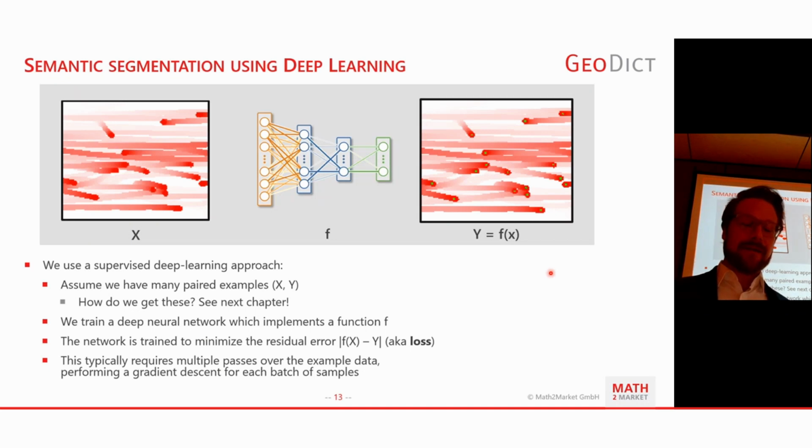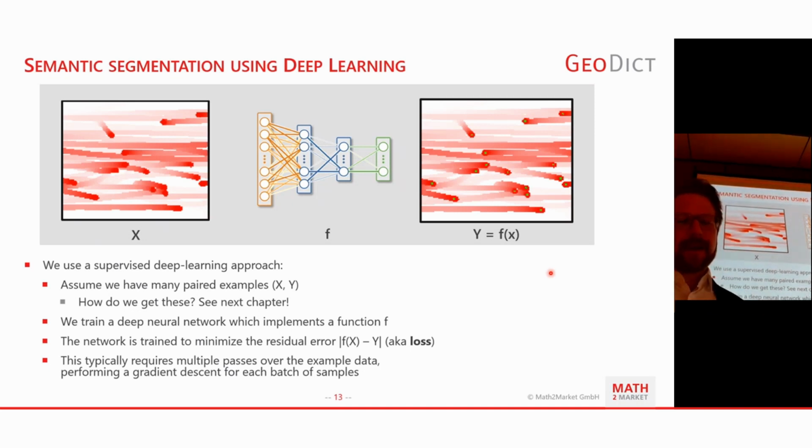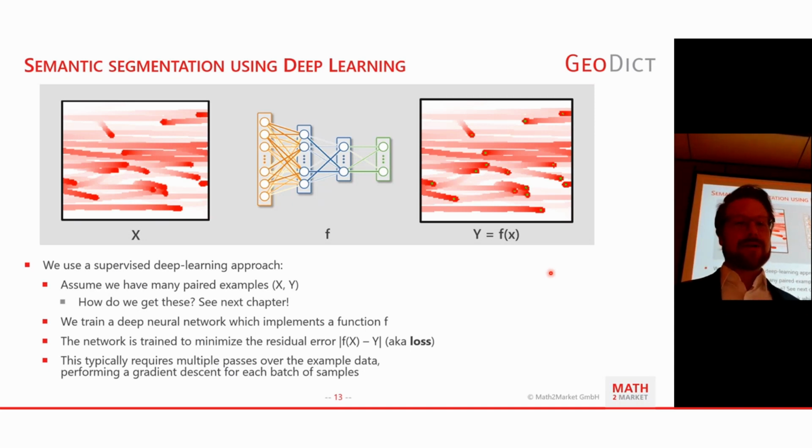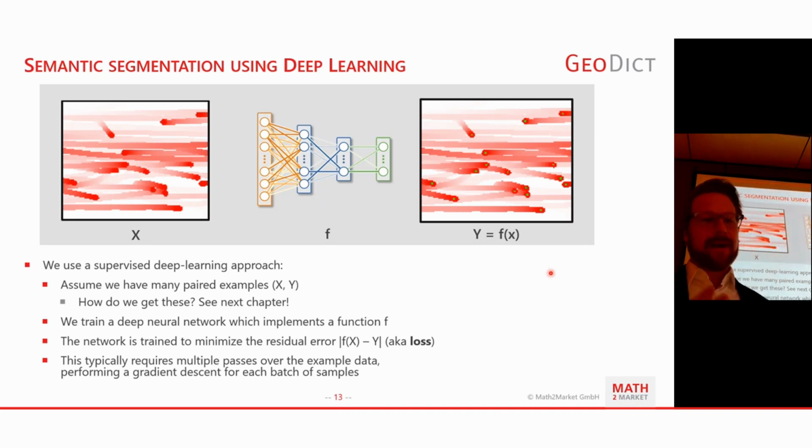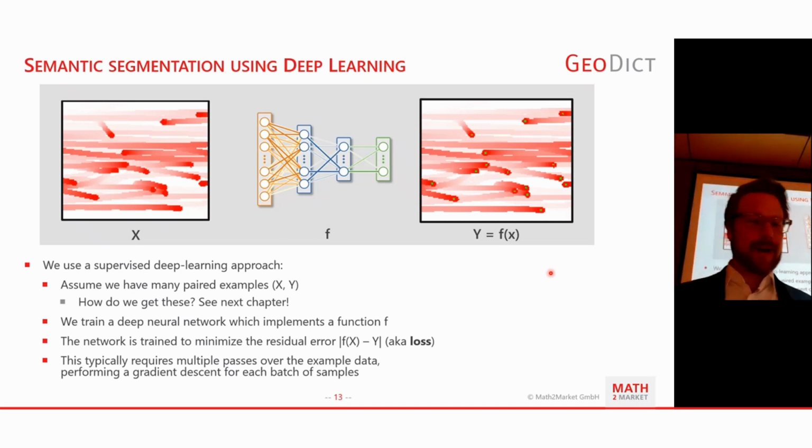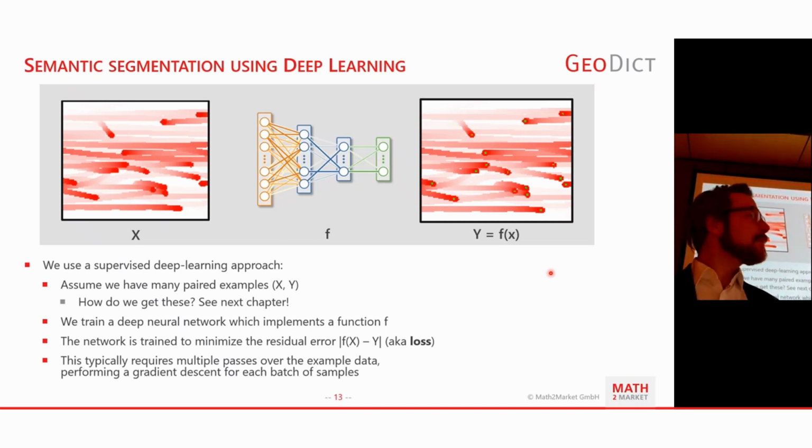Then we compute the gradients of that error, which shows us a first order approximation of a direction where we need to change the neural network in order to reduce that error. So we then apply this error reduction. We modify the weights of the neural network, the multiplicative and additive weights, in order to ideally reduce that error in the next iteration, and we repeat that process until the result is good enough. And ideally, then it would, at least for all the image pairs that we have, map each X to the expected Y image. But again, this typically requires multiple passes over the example data.